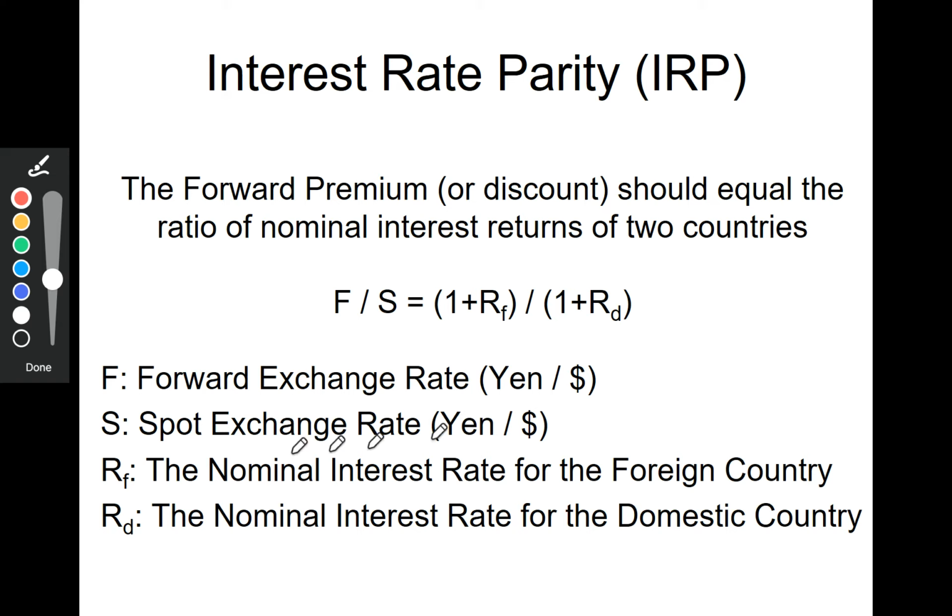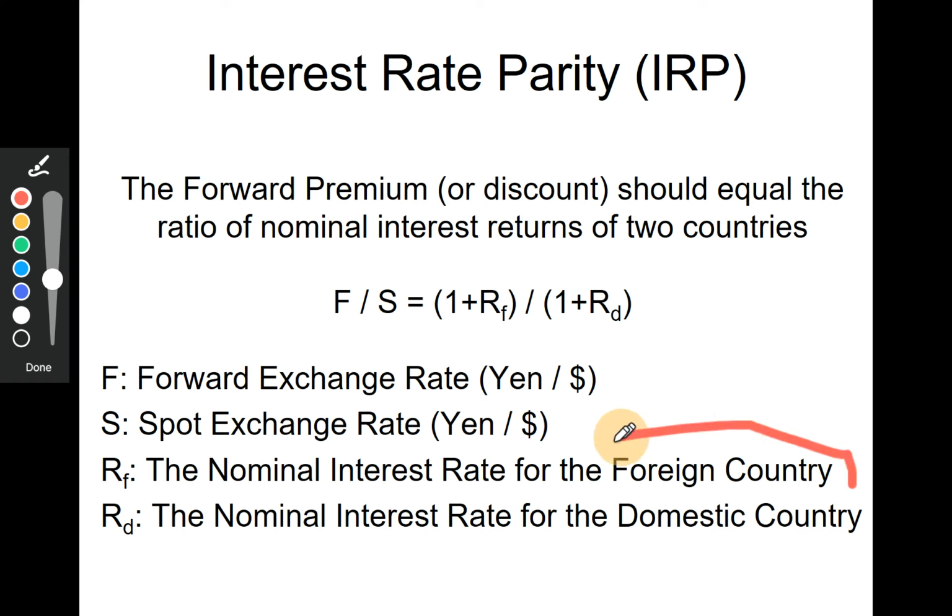It's a different price, so we indicate it by a different letter, and that's how much you pay right now to give your yen and get dollars. For example, you pay 120 yen and get a dollar. RF is the nominal, and you and I talked about this nominal. This is the coded interest rate, and it does have inflation in it in the foreign country. And RD is the nominal interest rate in the domestic country.